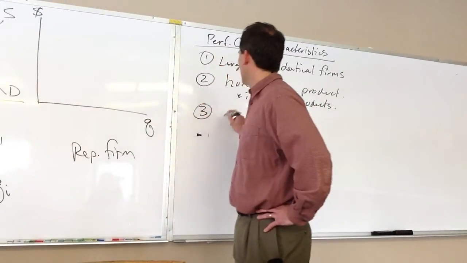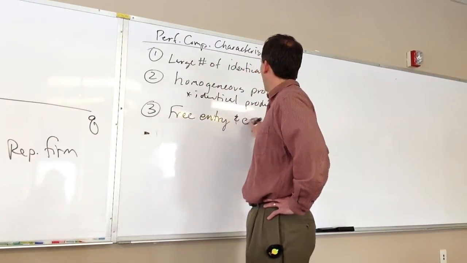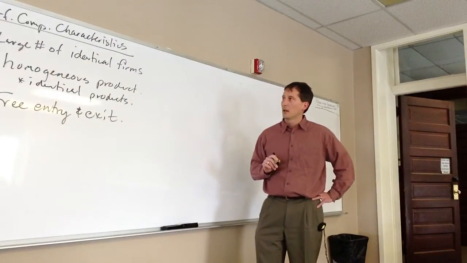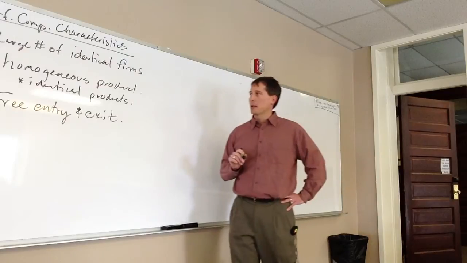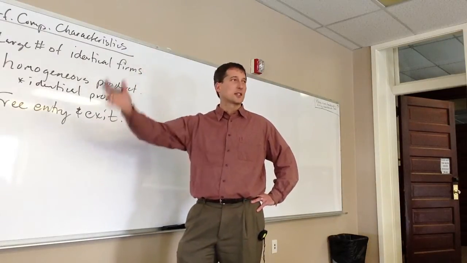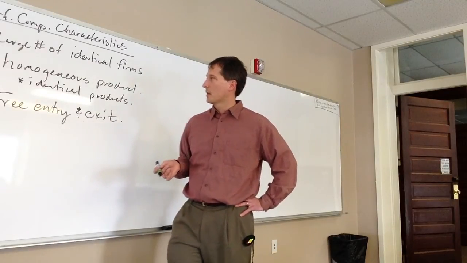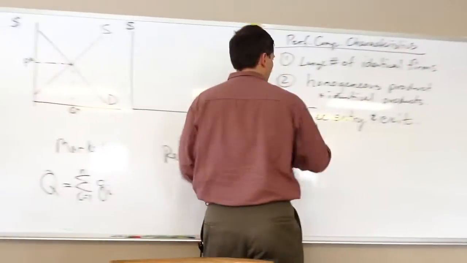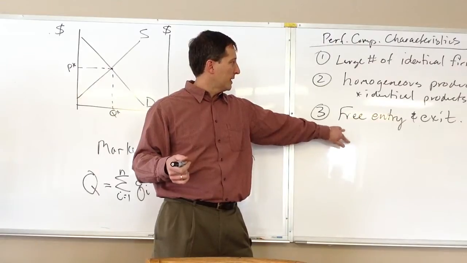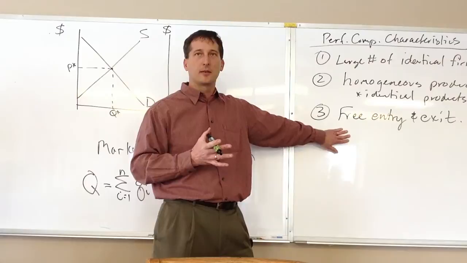The last basic assumption is free entry and exit. People can start up a business, and they can get out of the business, basically seamlessly or cost-free. It's pretty much easy to get in and out. We can foreshadow a little bit, now that we've been through principles class: what happened because of free entry and exit?